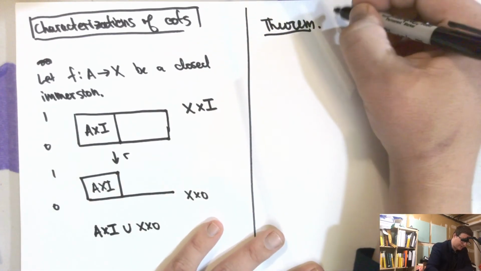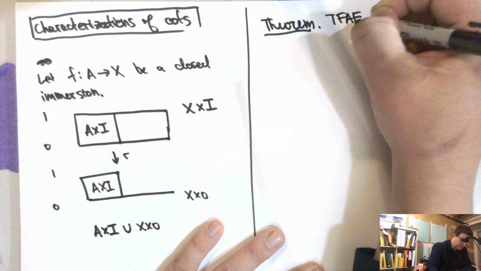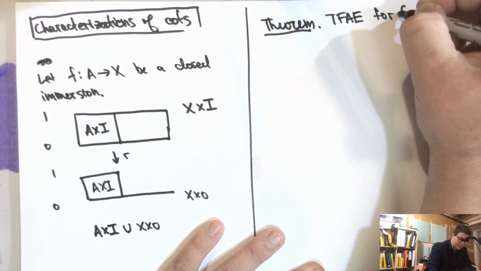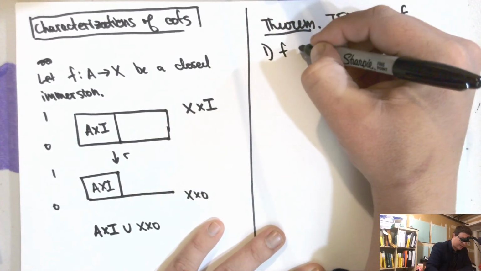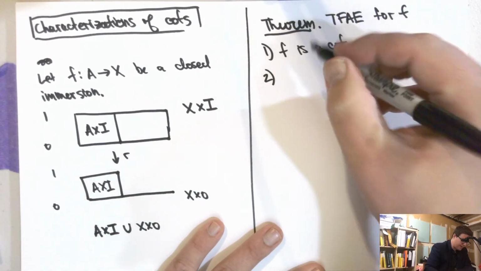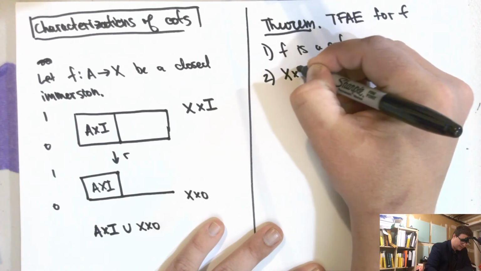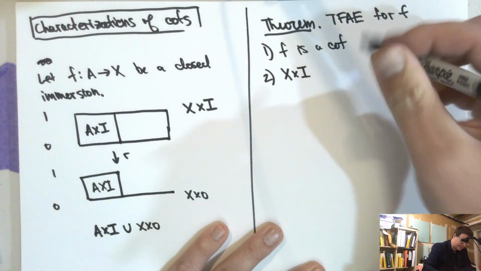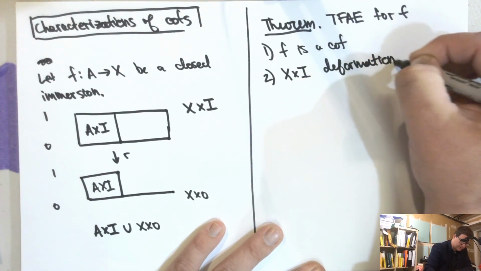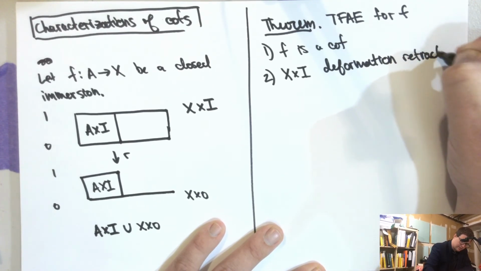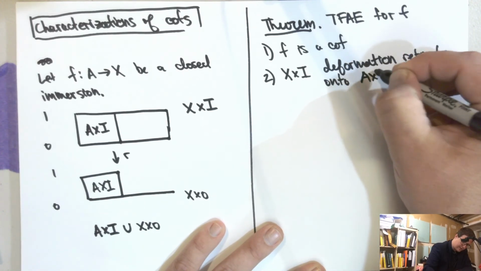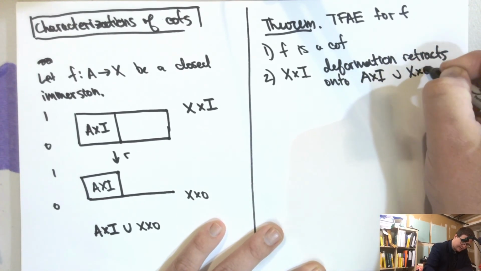So the theorem is the following. The following are equivalent for f as above. One is that f is a cofibration. Two is that X cross I deformation retracts onto A cross I union X cross 0.